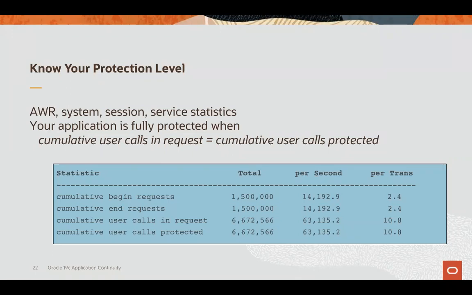You can calculate a percentage, for example, of how many of your requests are protected, and if you go below, for example, 90%, then you may want to look at the code of the application and improve the code and the requests, so you can have an increased number of user calls protected for your application. Make sure that this number is as close as possible to the user calls in requests.